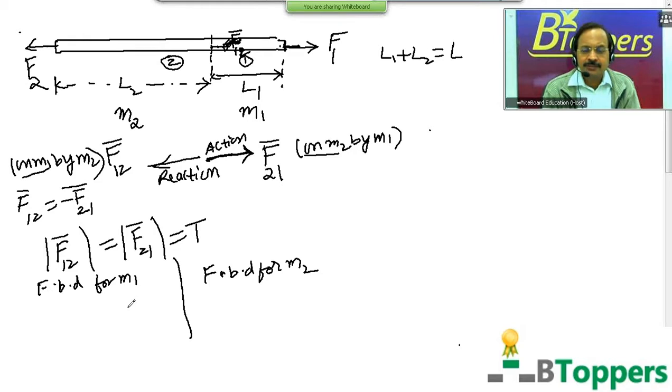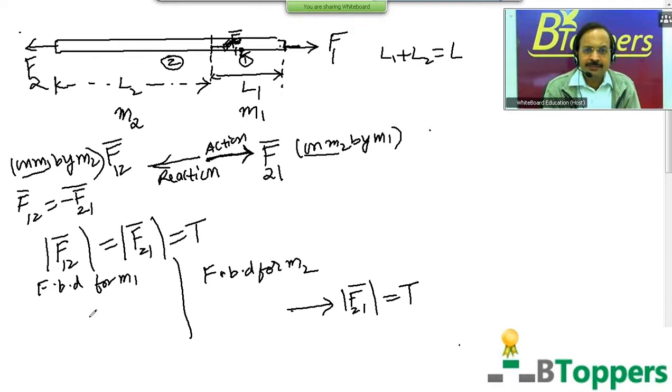So here the action is the force on M2 by M1, which has magnitude T. It should be indicated in the free-body diagram for M2.